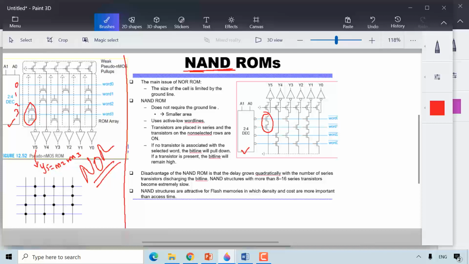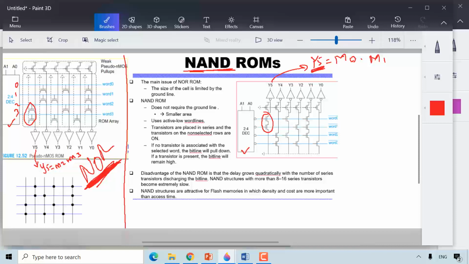But here for Y5, since I implemented with the AND implementation, Y5 equals max term 0 multiplied by max term 1. Okay, so it's the same Y5. Logically it's the same, but this is using min terms, this is using max terms. Using min terms we use NOR gate, using max terms we use NAND gate. So here is the NAND gate.